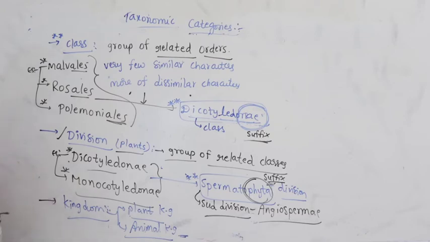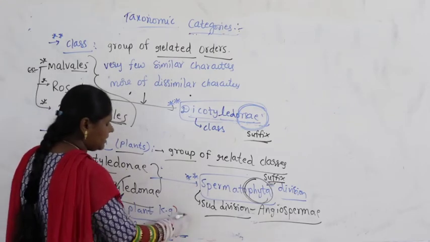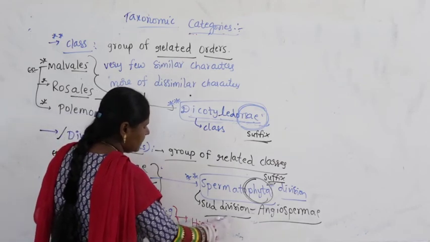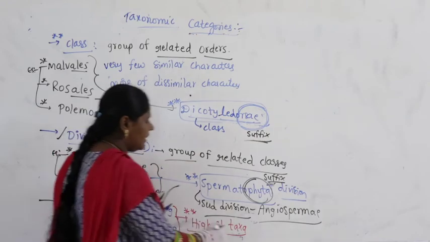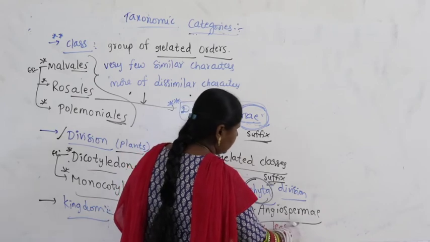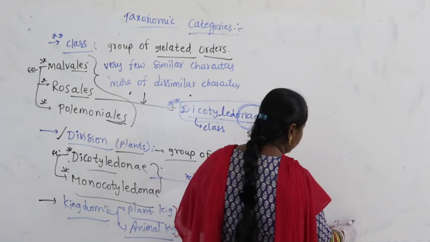If you take the kingdom, what are the important things I told you to remember? Kingdom is the highest taxa, the upper one, but with the least number of similar characters.